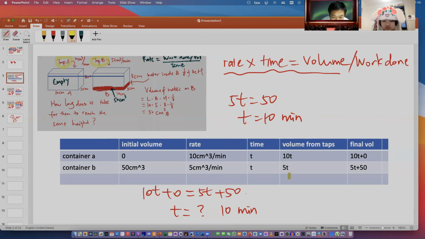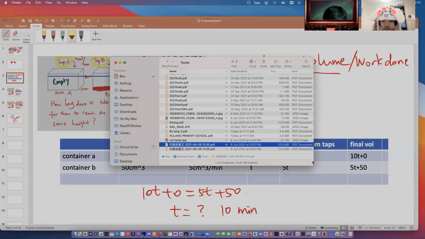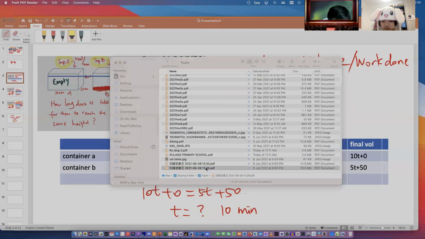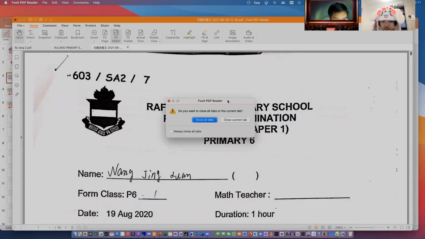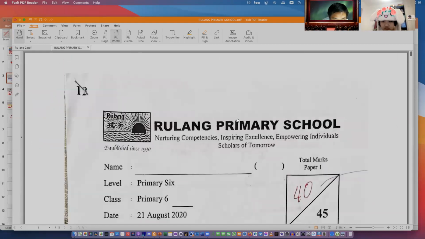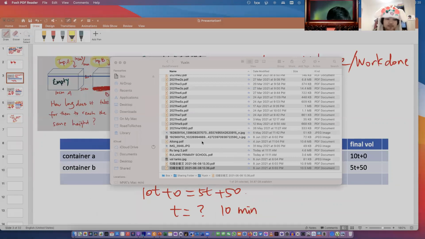I'm going to demonstrate to you a similar question from last week. Last week is, is Jingxuan? No, you're not Jingxuan, right? Last week is Ai Tong, right?